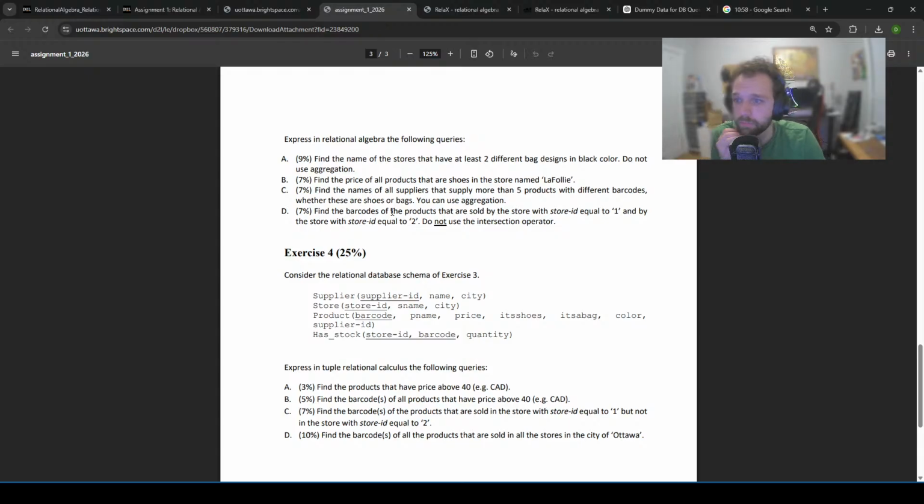Find the barcodes of the products that are sold by the store with the store ID equal to 1 and by the store with the store ID equal to 2. Do not use the intersection operator.